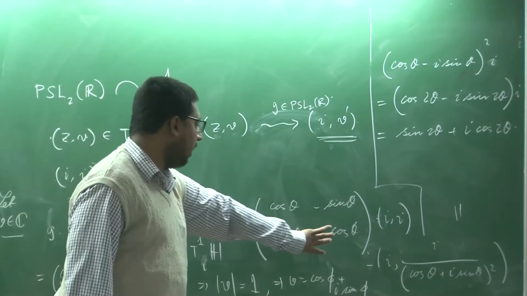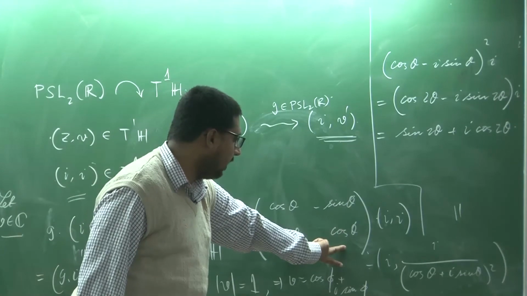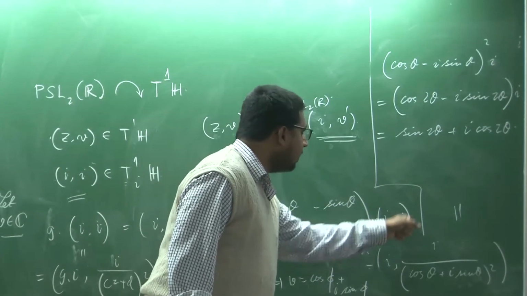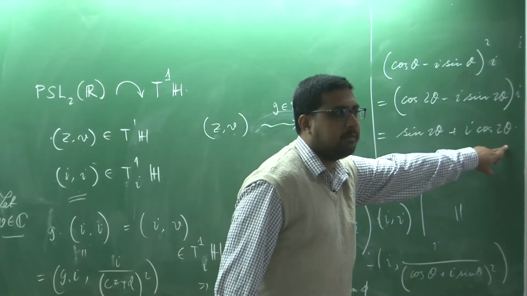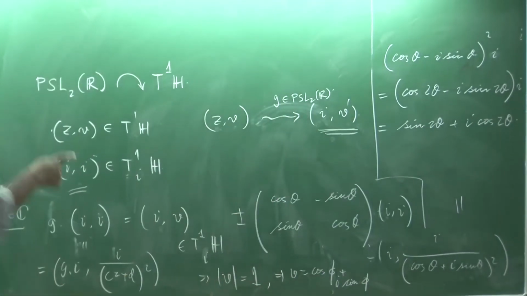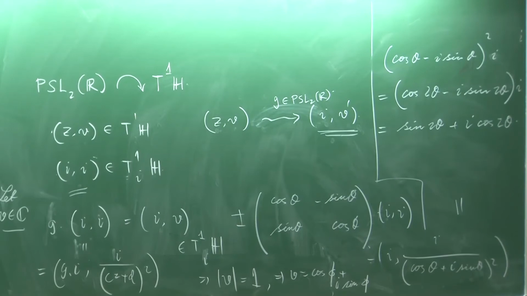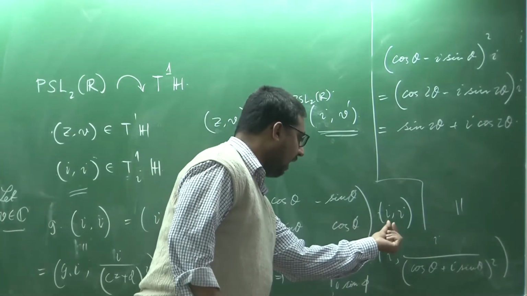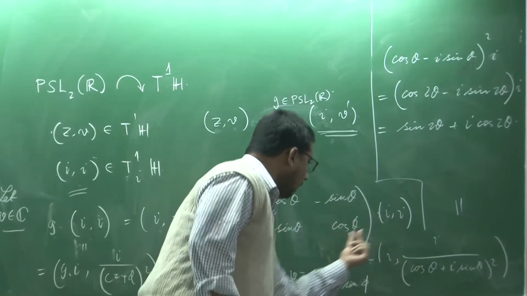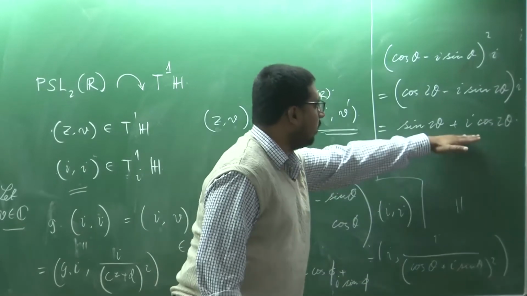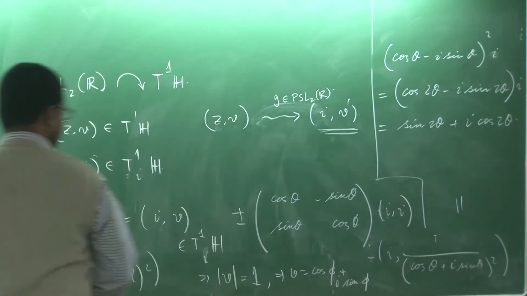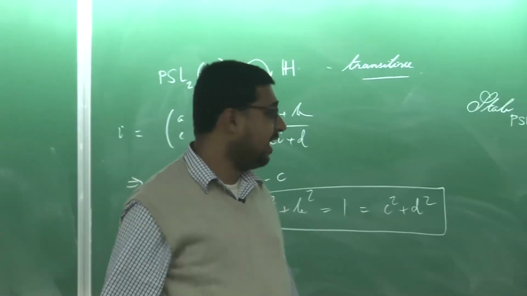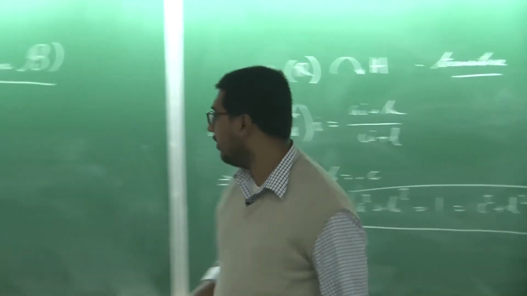Of course, the stabilizer has to be of this form for some theta, and for this theta this also becomes exactly the same as i. So of course it is going to fix i. Now, the way it acts on the second component, this is what we have. If that is also i, that means sin 2 theta has to be 0 and cos 2 theta has to be 1.